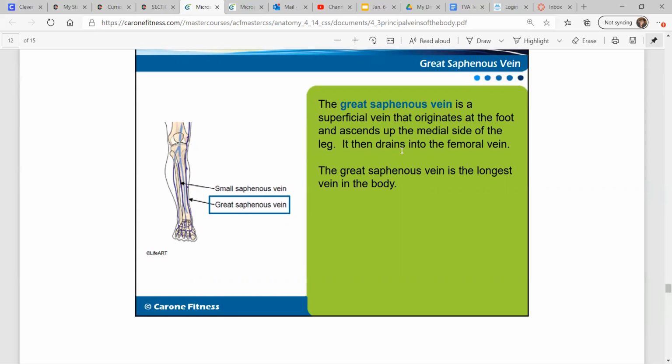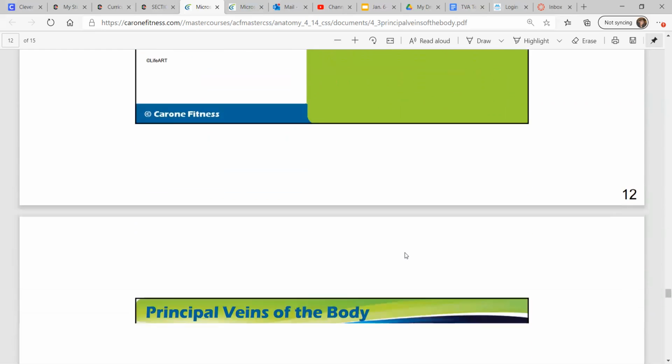That is a superficial vein that originates at the foot and ascends up the medial side of the leg and then drains into the femoral vein. The great saphenous vein is the longest vein in your body. So think of great saphenous vein as the longest vein in the body.